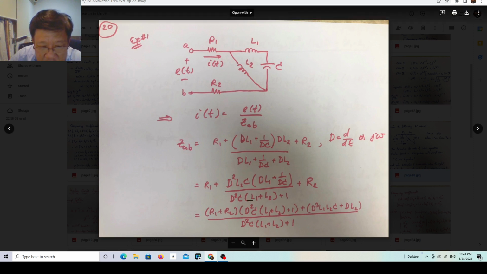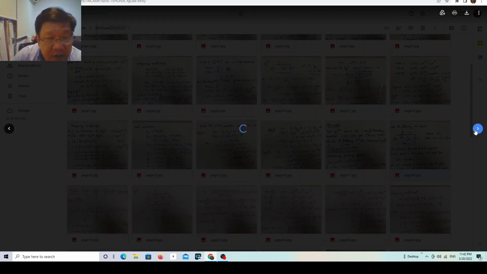Next we just rearrange the terms. You have another fraction here. Just multiply this term by both R1 plus R2. You use R1 plus R2 to multiply all this term, and then plus this part of the fraction, divided by this one, and then you rearrange the terms again.